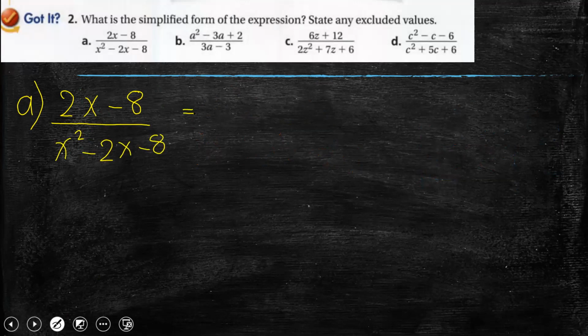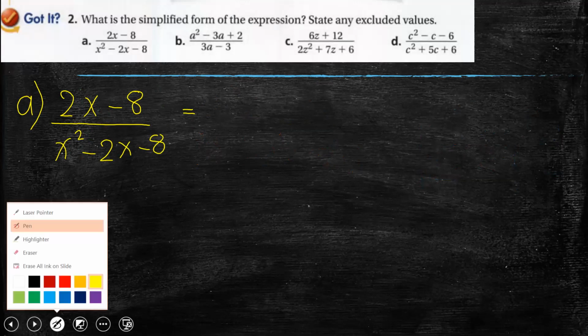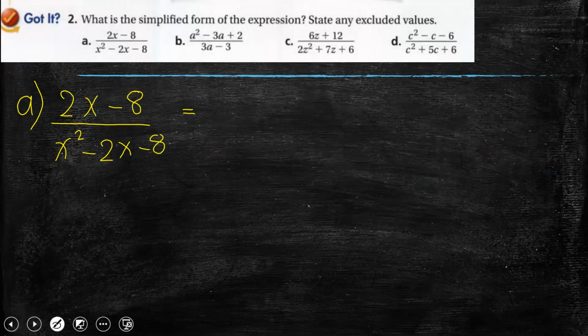Now, when you look at the numerator, you have to take 2, open the brackets, x minus 4. Here, you can say, just take a 2. If you take 2, just in your mind, divide 2x by 2, you have x. Divide 8 by 2, you have 4.